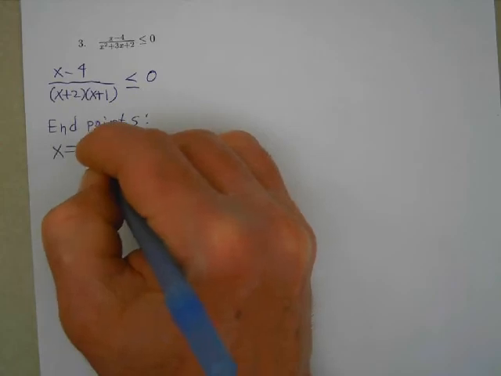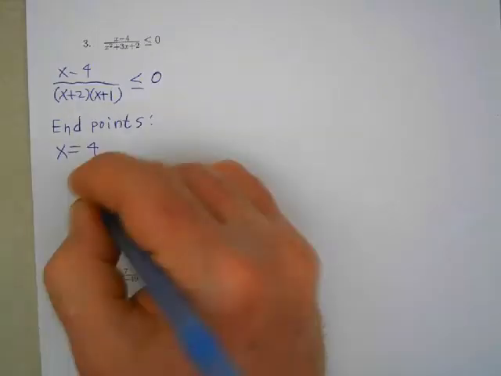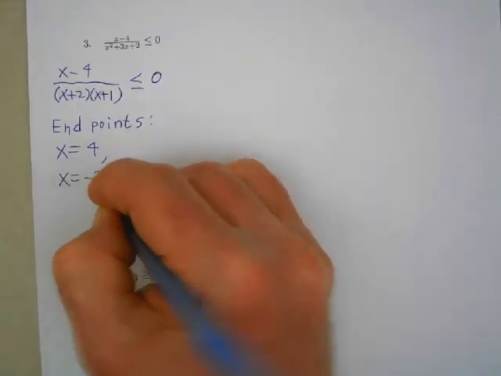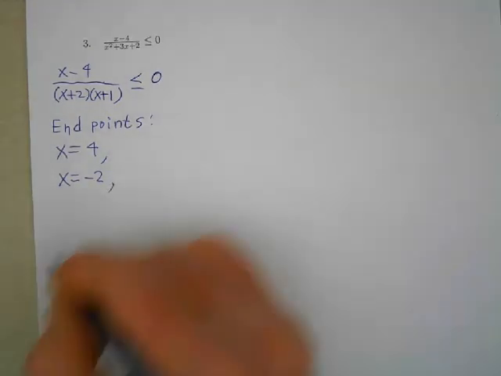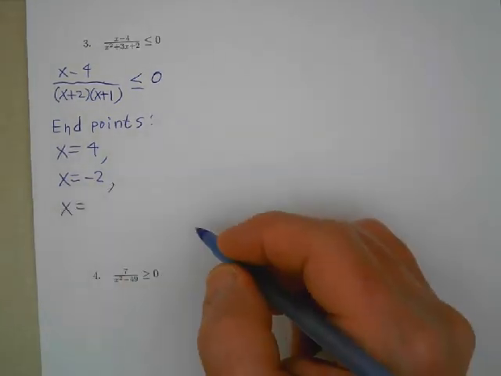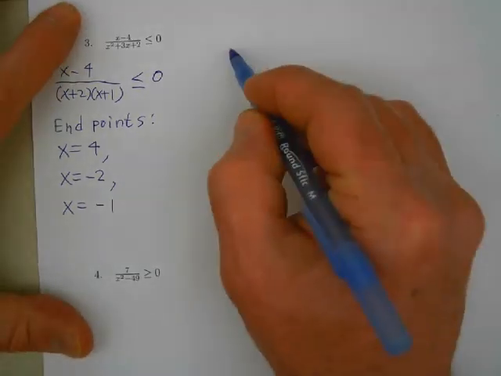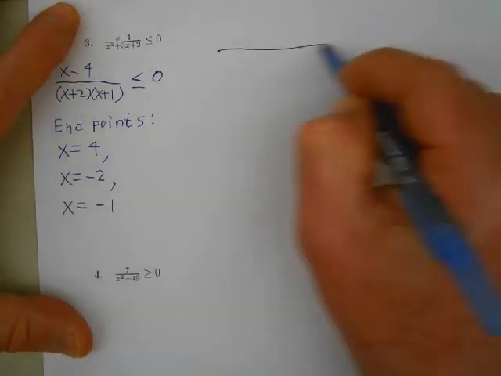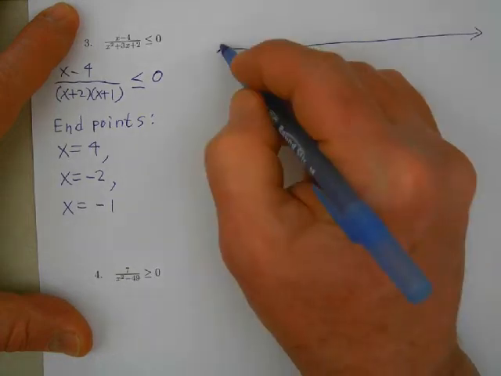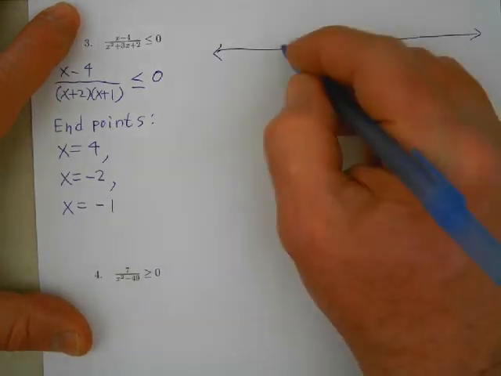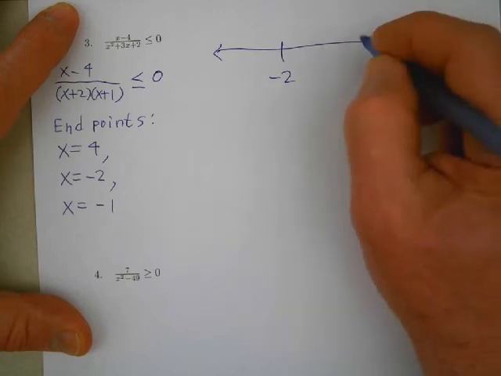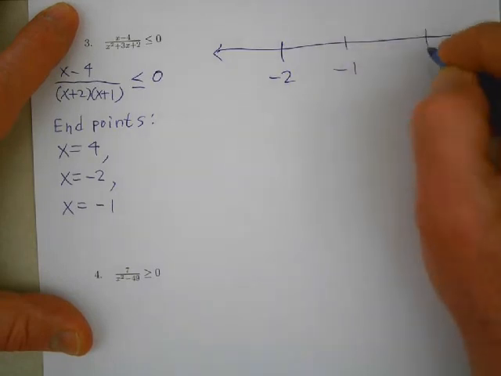The x value that makes the numerator 0 is 4. One of the x values that makes the denominator 0 is -2, and another x value that makes the denominator 0 is -1. So those three numbers are the endpoints of the intervals, so we'll draw the number line and plot the endpoints. -2 is to the left of -1, which is to the left of 4.